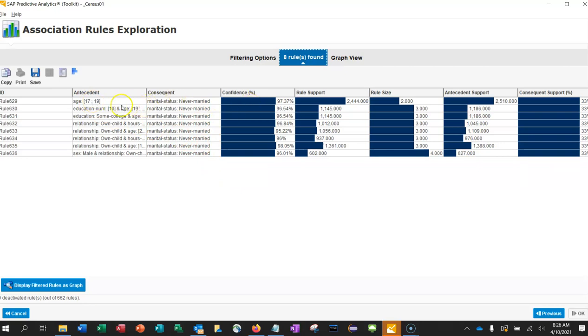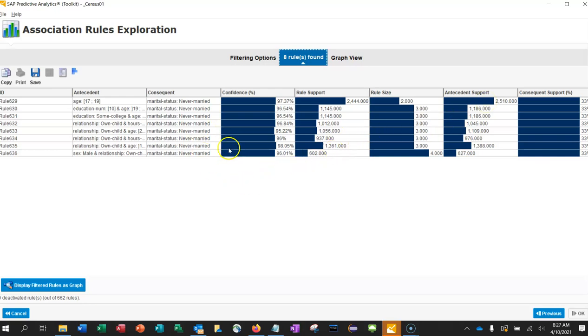The confidence means, if this is the age, then 97% of the time they are not married. The rule support 2,444 is the number of rows where both of these things are happening, out of some 40,000. Then antecedent support is 2,510 rows in that 40,000 where this antecedent is there, and consequent again a percentage, that is, the consequent values are found.